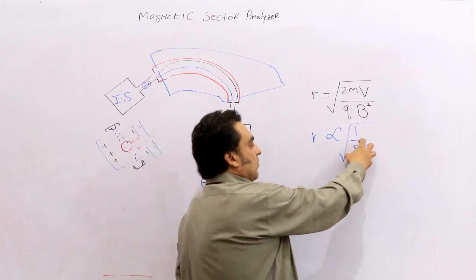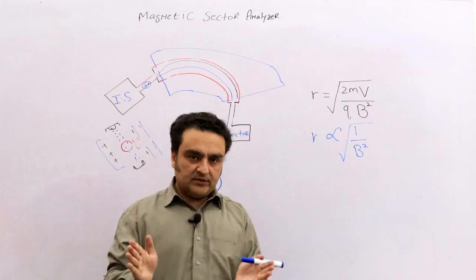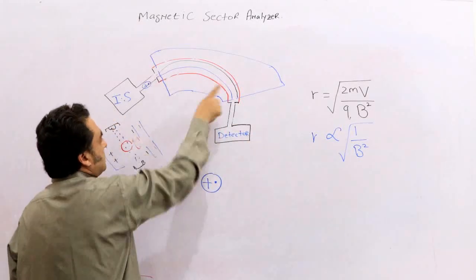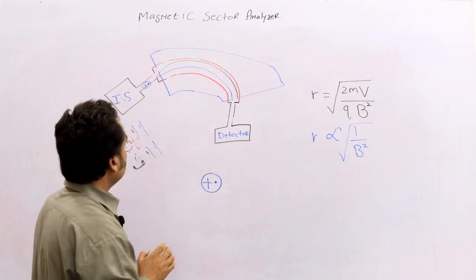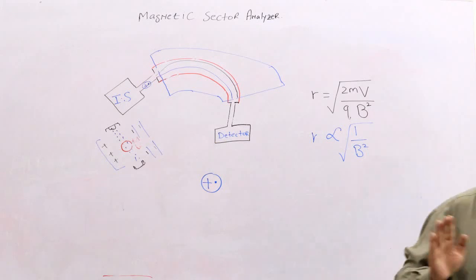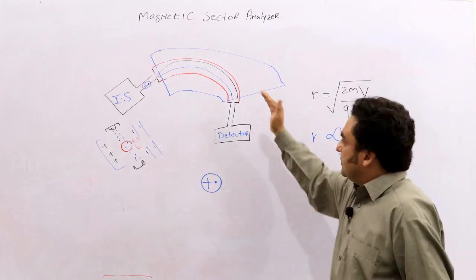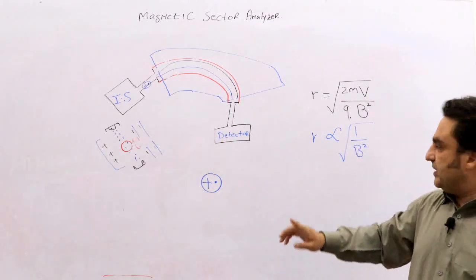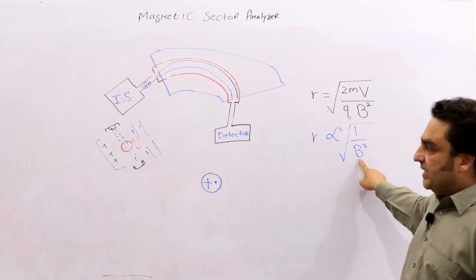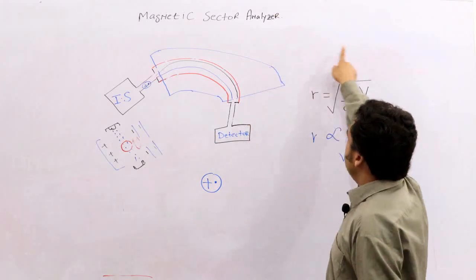So the more the magnetic field strength, the smaller will be the radius. This radius will be smaller, and the thing will be moving in a small circle, not in a big circle. If the magnetic field is small, you have a big circle.